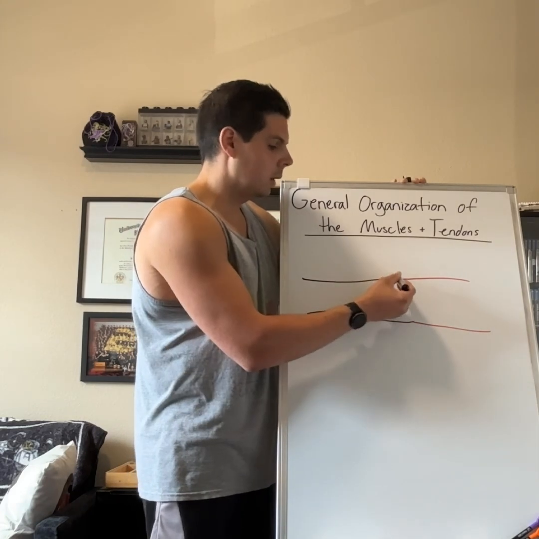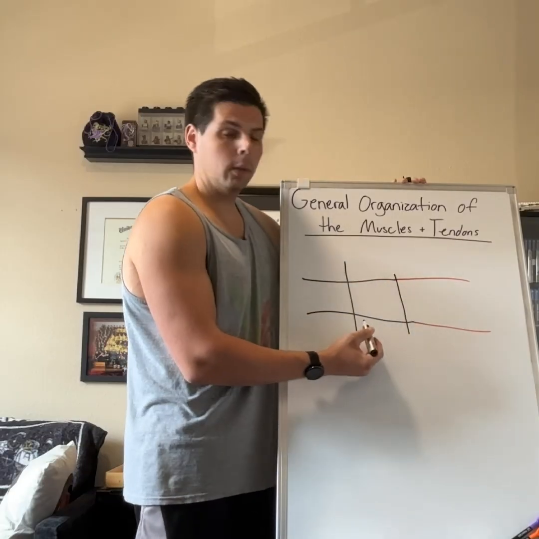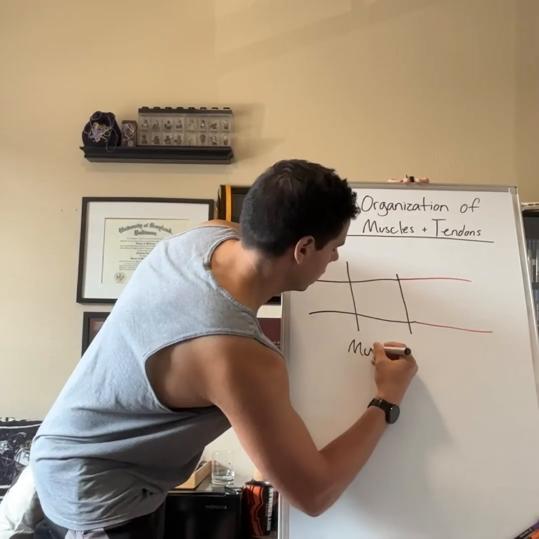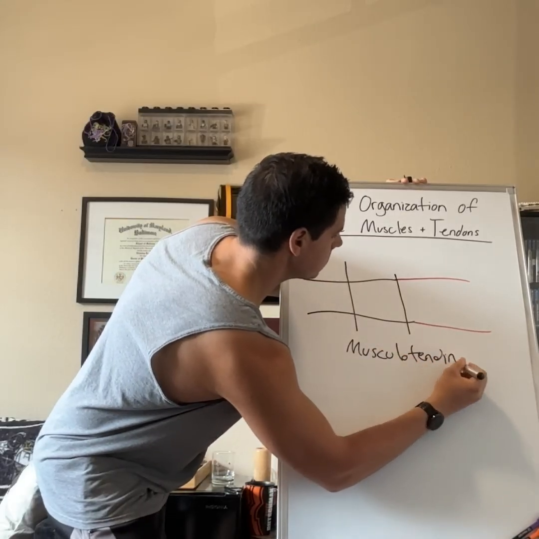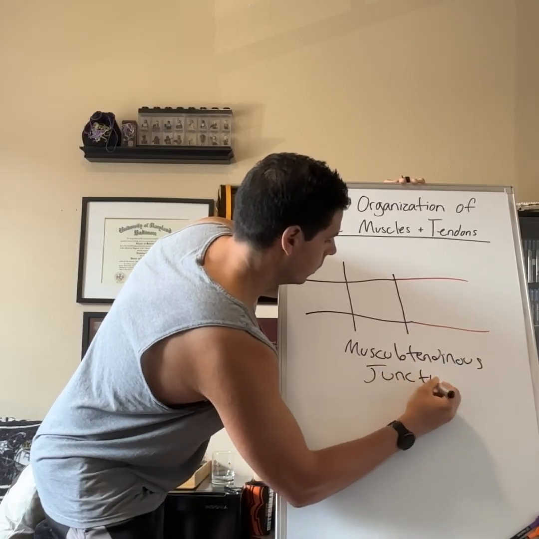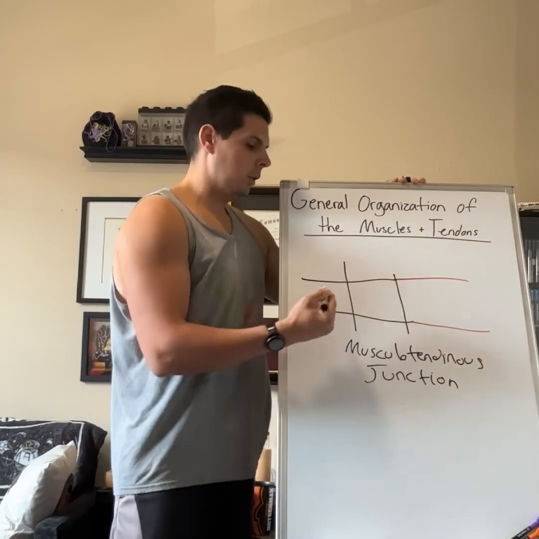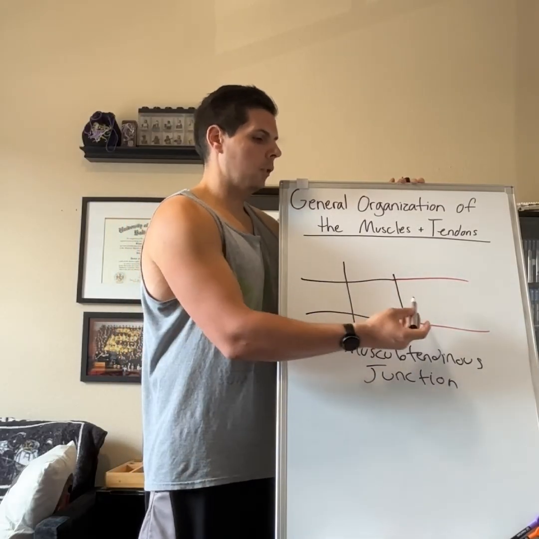So tendons connect to bone periosteum, and in between the beginning of where the muscle tissue is and where the tendon is, there's an undefined length of zone that is referred to as the musculotendinous junction. The musculotendinous junction is the transitional period from tendon to muscle tissue.